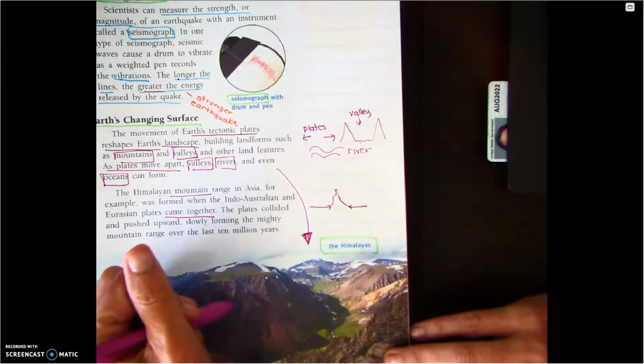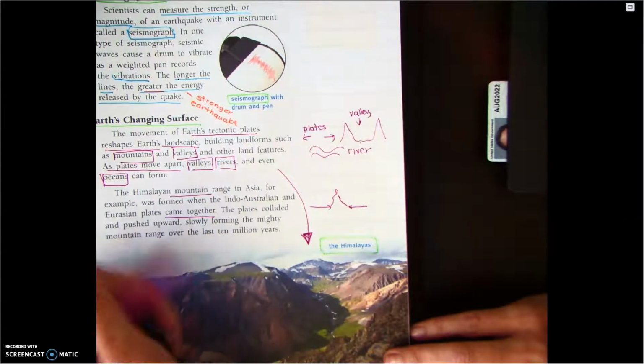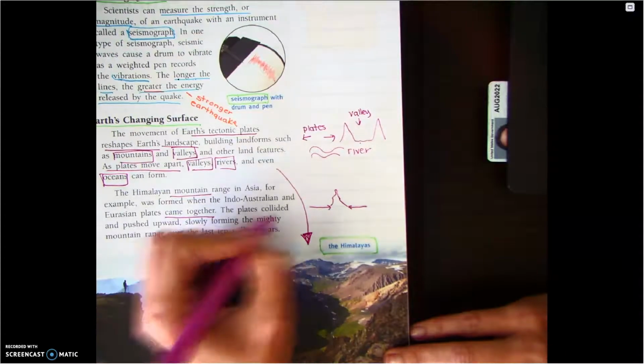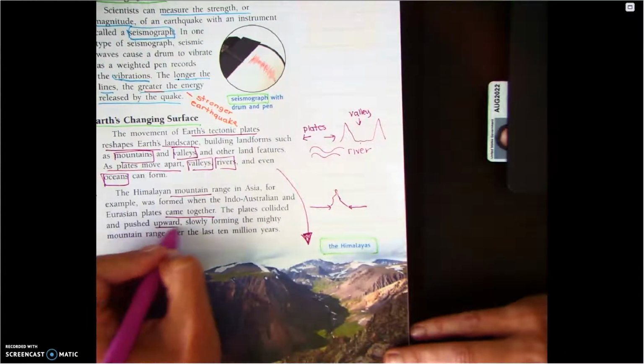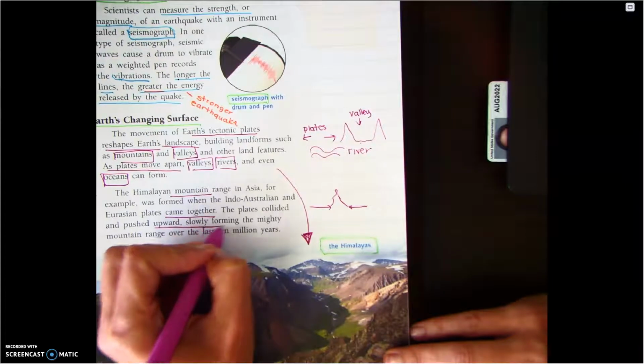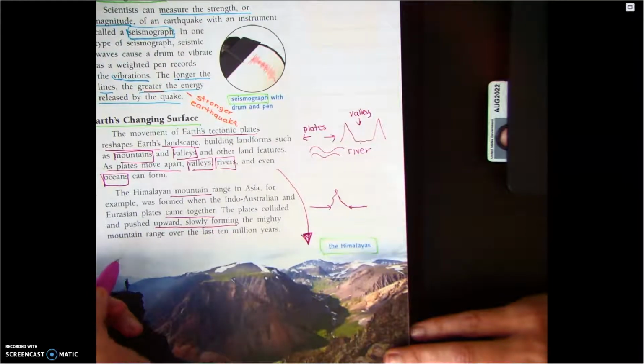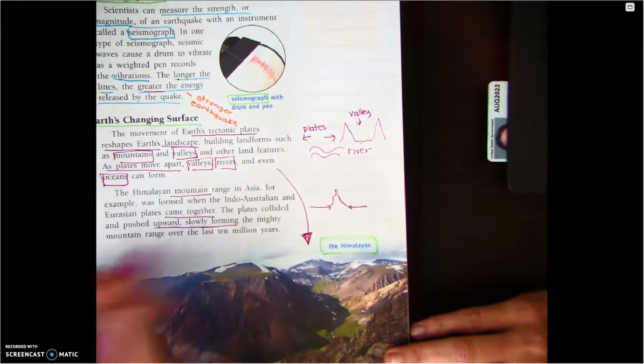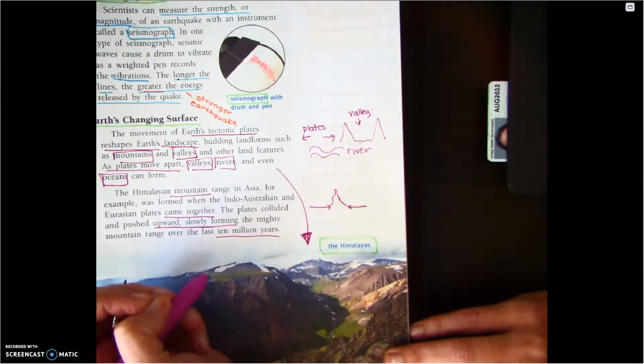The plates collided and pushed upward slowly. So this is not a fast process. Slowly forming the mighty mountain range over the last 10 million years. Wow, that's how slow, 10 million years.